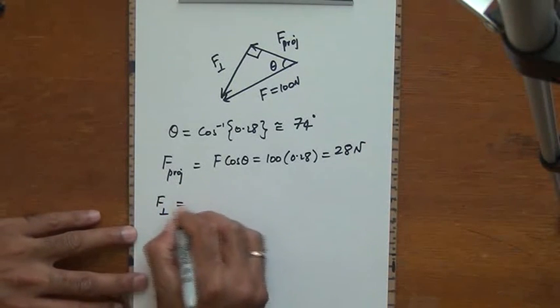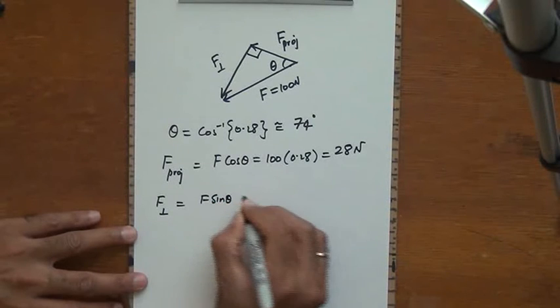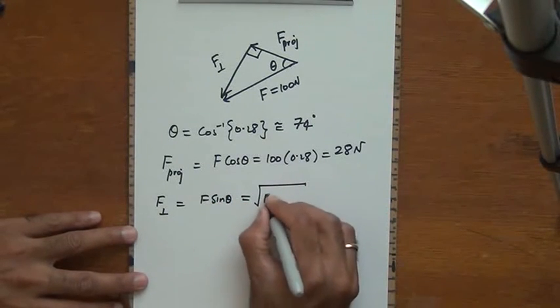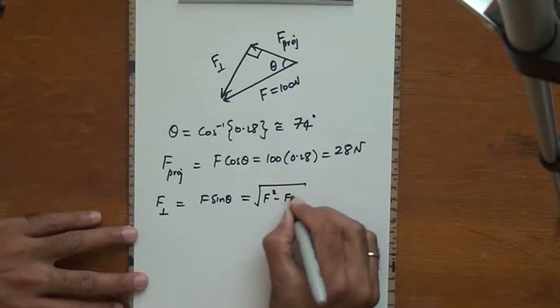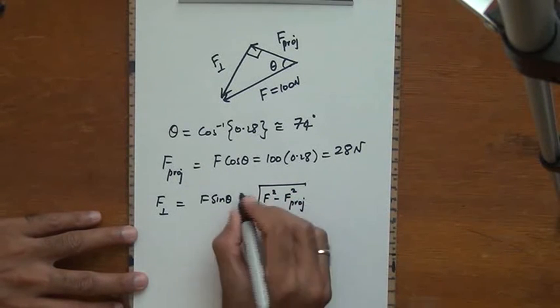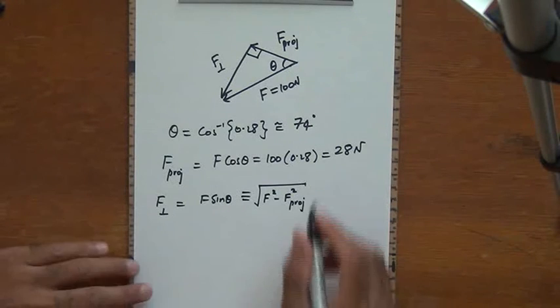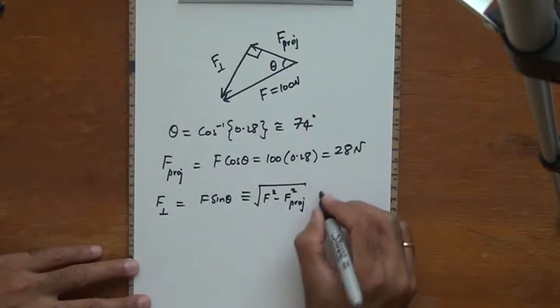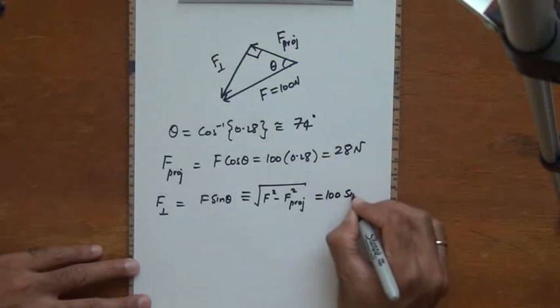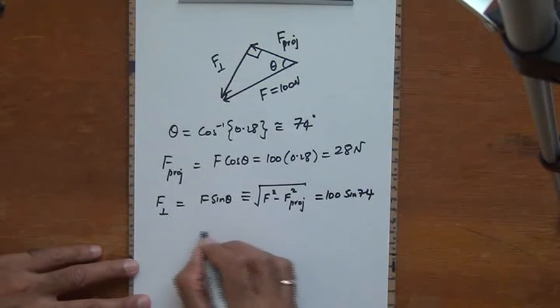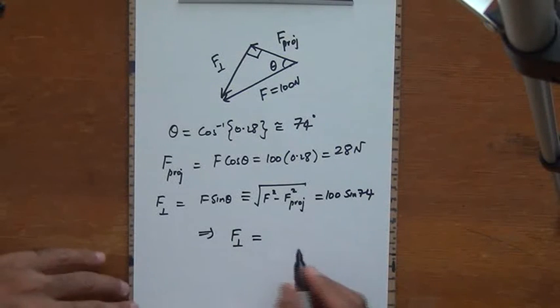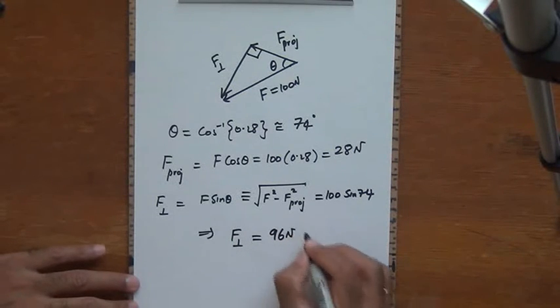F perpendicular is going to be F times sine theta, or equivalently, since this is a right angle triangle, I can also say that this is the square root of F squared minus F projection squared. These are both the same, they are equivalent to each other. And if I look at F is 100, sine theta is sine of 74, so this is going to be 100 times sine 74, or F perpendicular is going to be approximately 96 newtons.